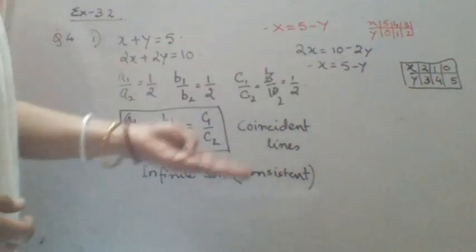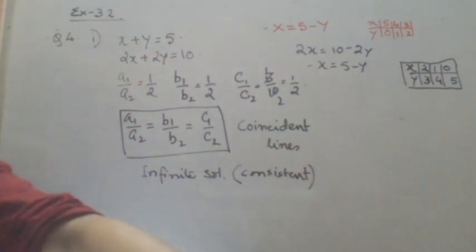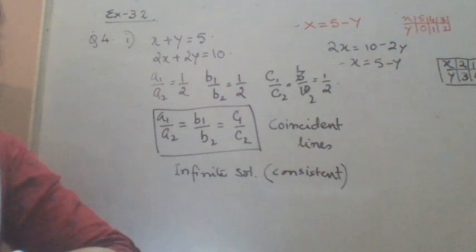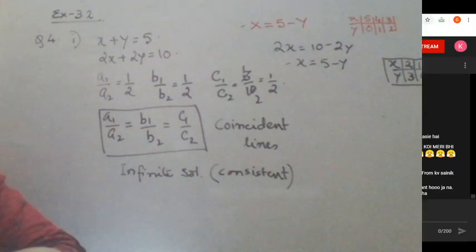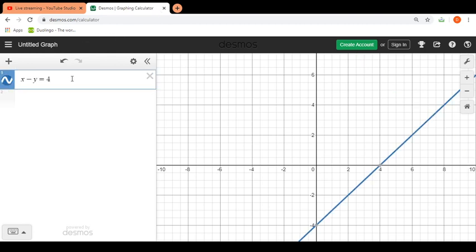You have found these A1, A2, B1, B2, so infinitely many solutions. The graph will be like this. This is not our equation, this is the previous one. We will put our equation now.